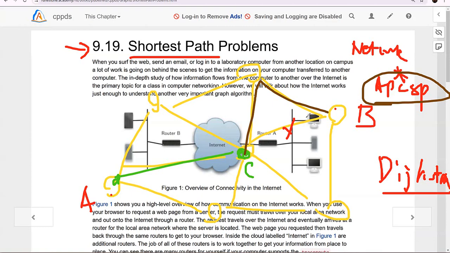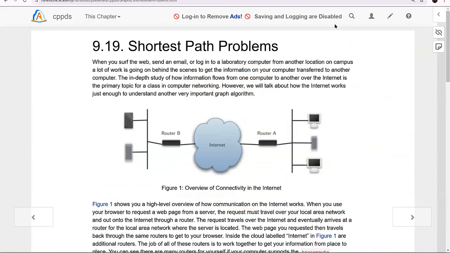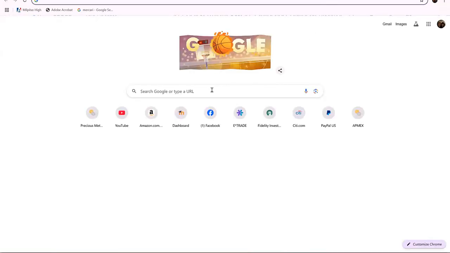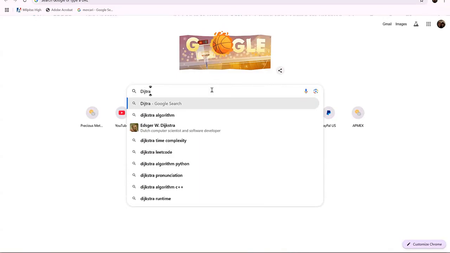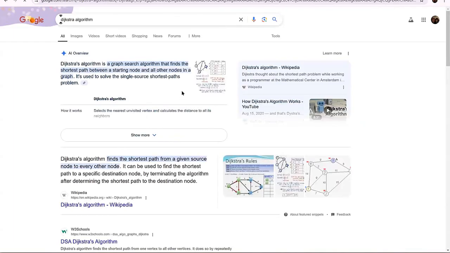So the shortest path problem was invented by Dijkstra, and Dijkstra has two important inventions. One is this shortest path problem. The other one is the PMV process.